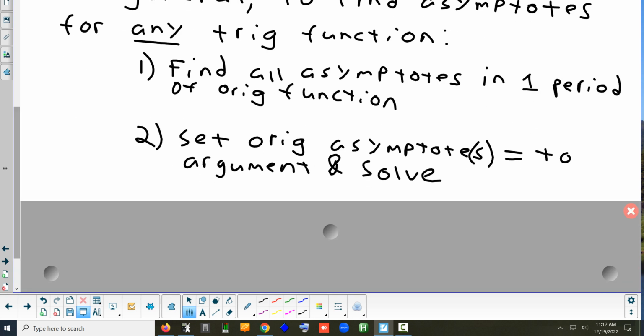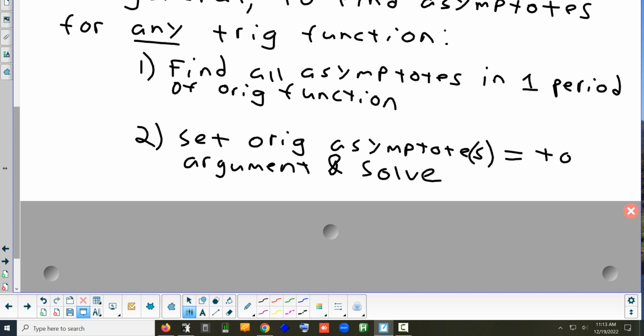Now, how many asymptotes are there if you could zoom out forever in the tangent function? There's infinitely many. So we can't write every single one. But we do know that they occur regularly. They occur in a predictable way.